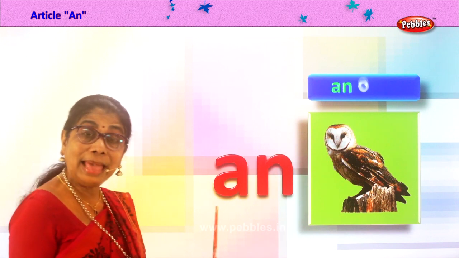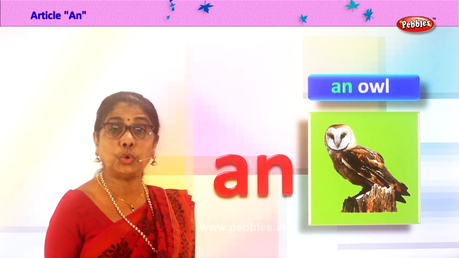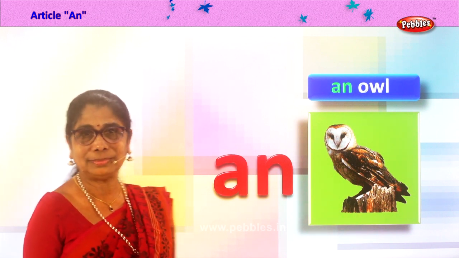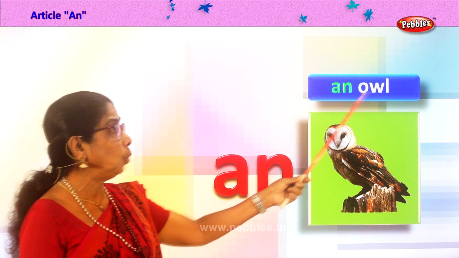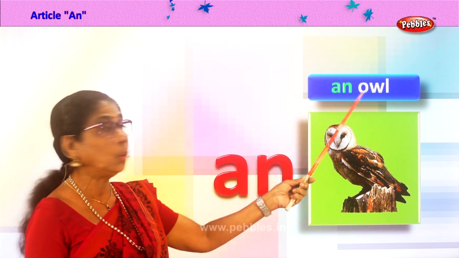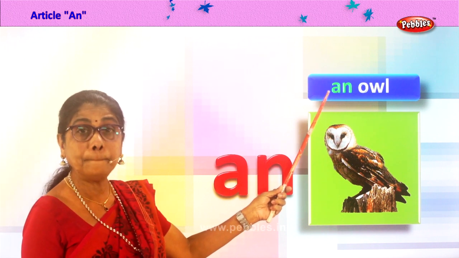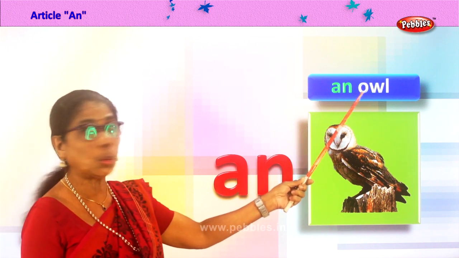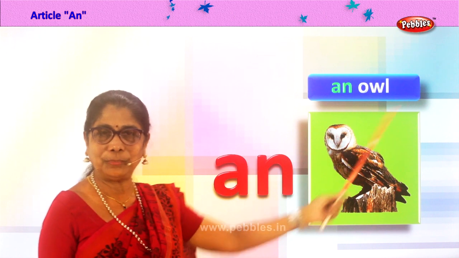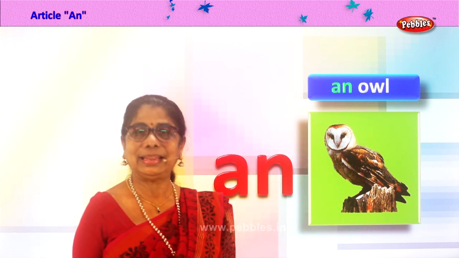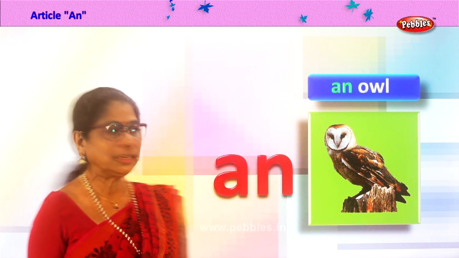So article an is placed before the word owl. An owl. We place article an before the letter O. Yes? An owl. Read an owl. Good. Let's look at another picture.